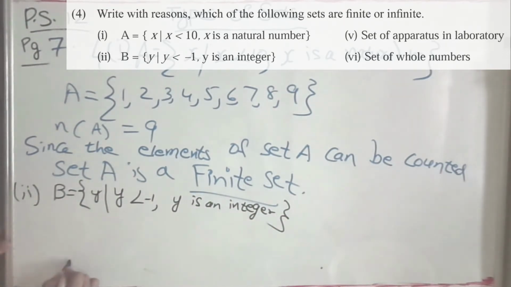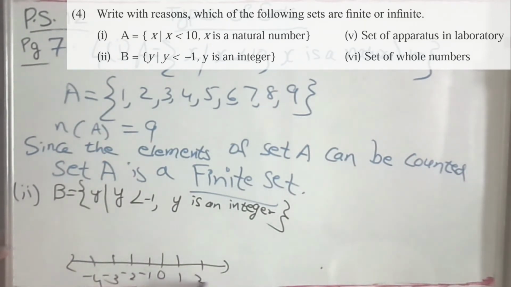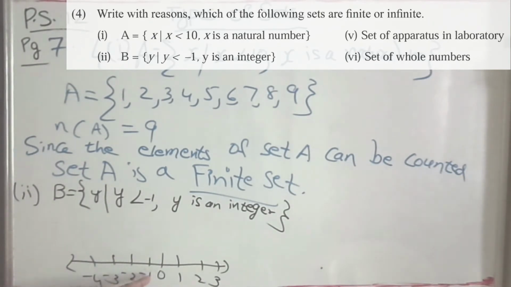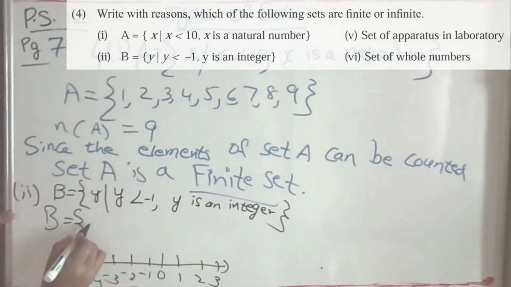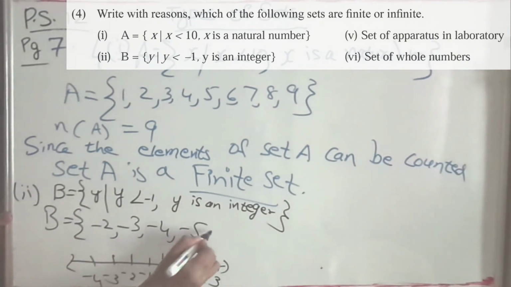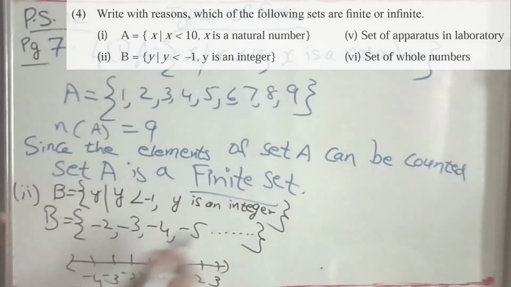For this you have to know the number line. Here 0, left hand side all negative numbers and right hand side all positive numbers. Now you want integers less than -1. Go to the left. So B will be -2, -3, -4, -5, and so on, never ending.